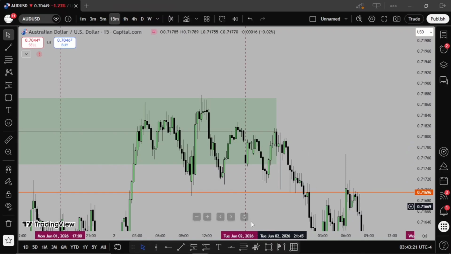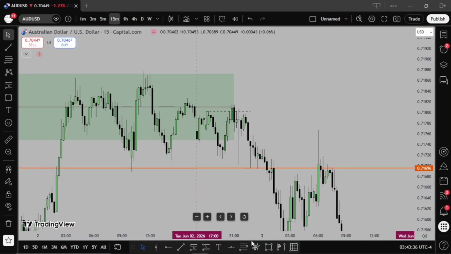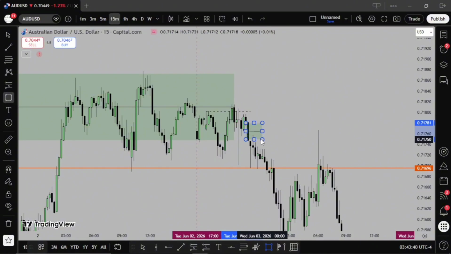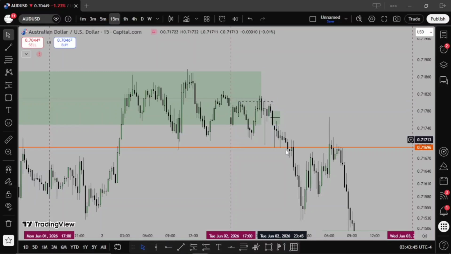So you want to see price sweep out the second lower low and give a displacement. Okay, you want to see price take it out and drop. So we notice we have price take it out, drop, forming a fair value gap right there. And you can see how price starts going lower.